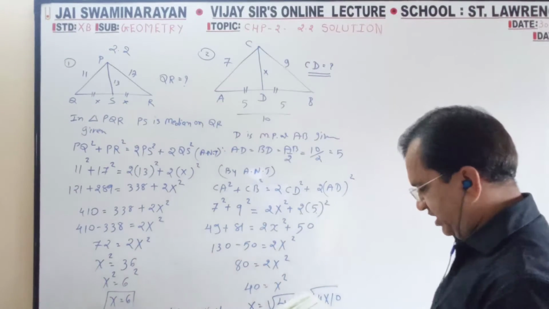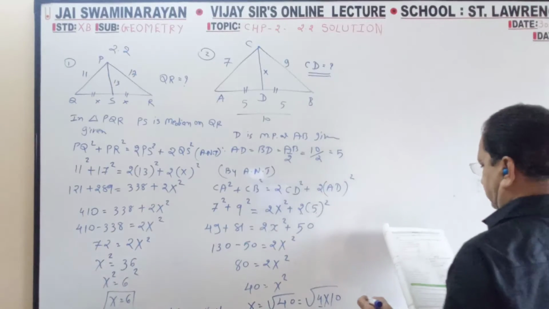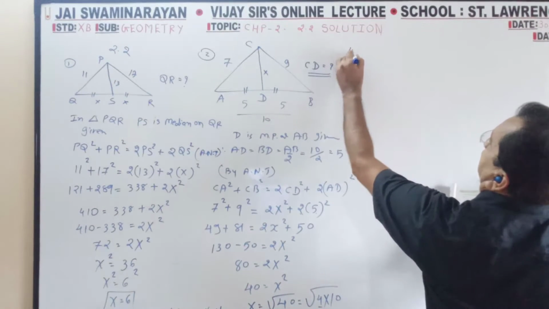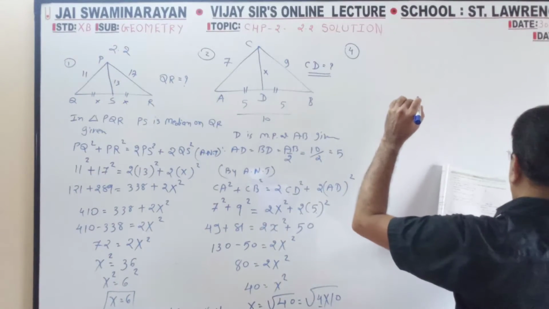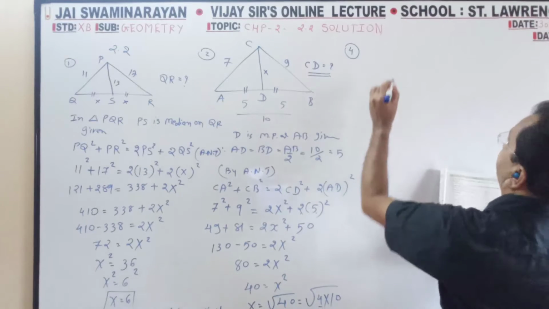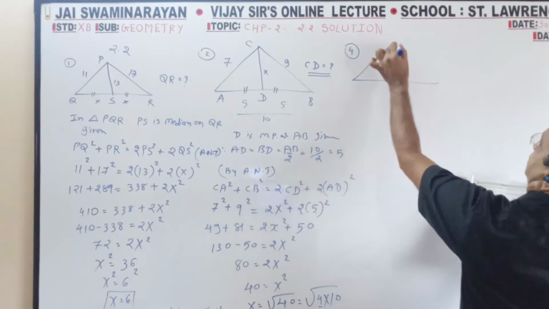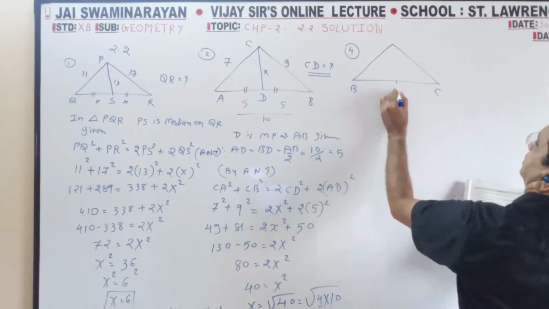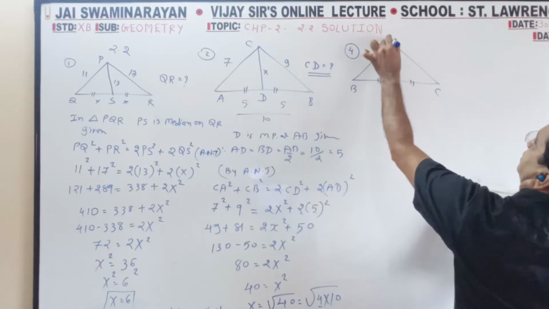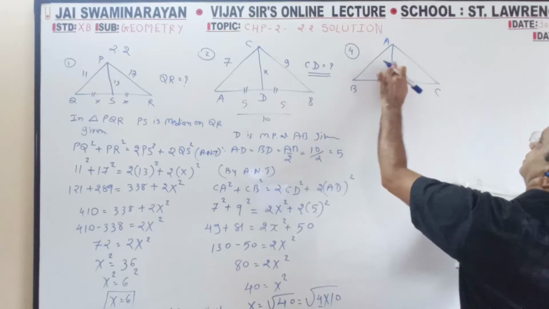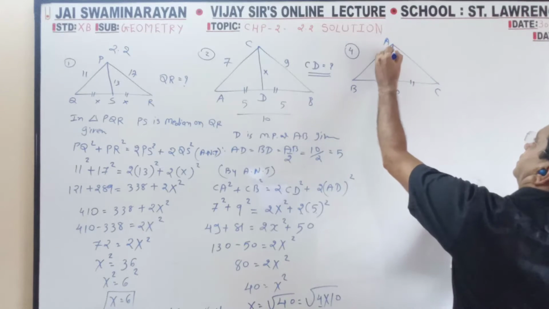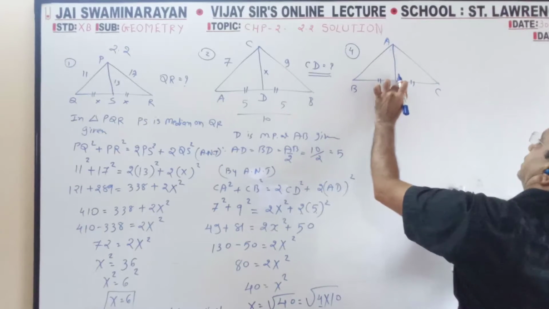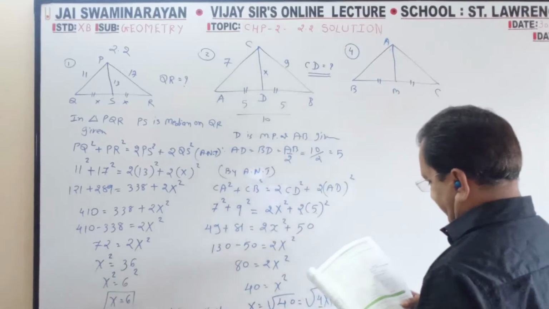Now exactly the same. The fourth one I will do first, the third one afterward. M is a midpoint of BC. Same. For BC, M is a midpoint. This is A, so AM is median.